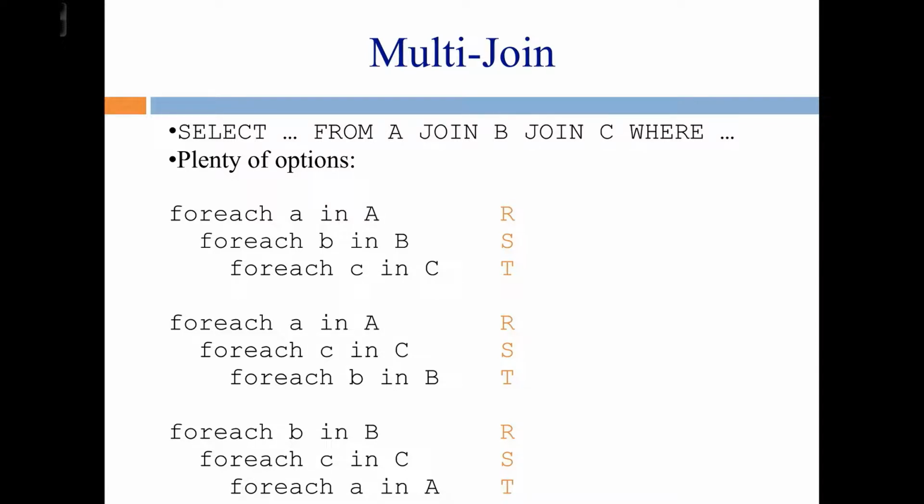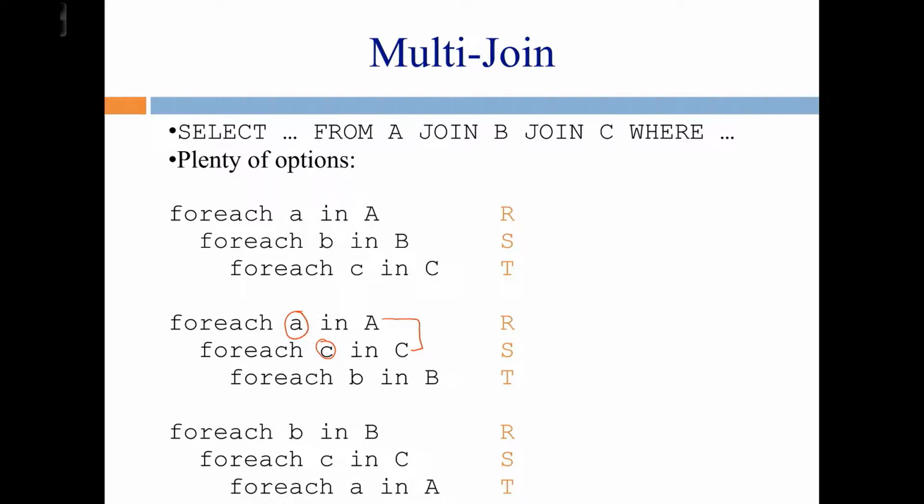And sometimes its options are just limited by what columns are available in what tables. So as an example, let's say that A and C don't have any columns in common that are used to evaluate this where condition. So I wouldn't be able to compare an A to a C if they don't have the information required in that where clause.